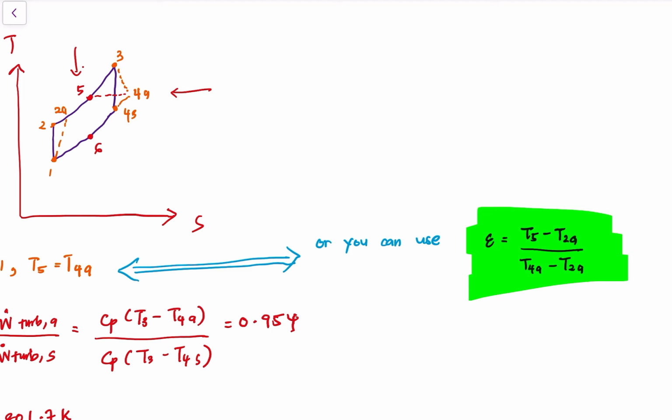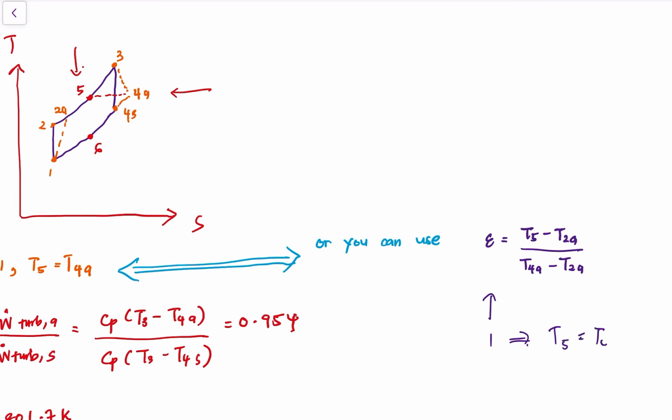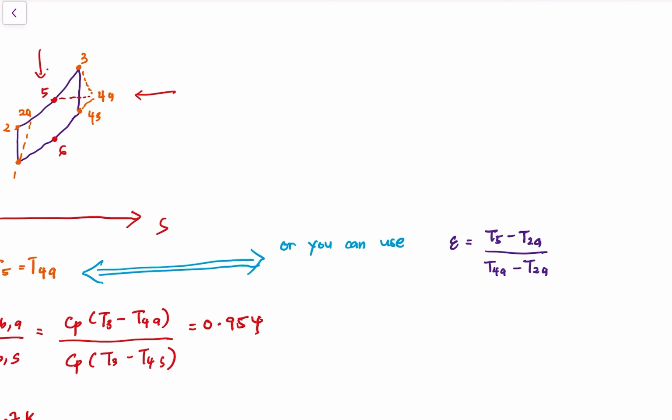But for our case, since the effectiveness is 100%, so later you're going to get T5 will have the same value as T4A. Maybe you can try to prove it by using this effectiveness formula.